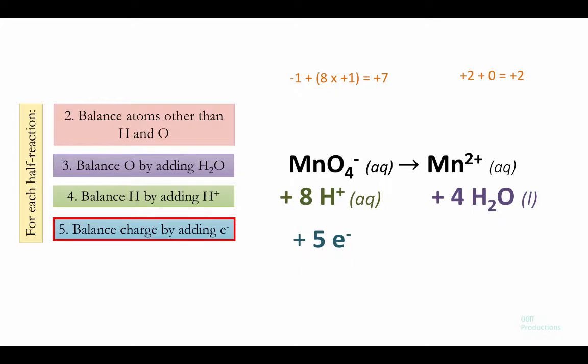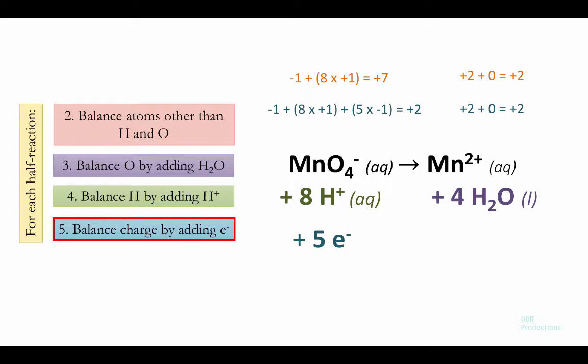And if you check the math once again, you see that now we have a -1 charge from the permanganate, 8 +1 charges from the hydrogen, 5 -1 charges from the electrons, and that gives us a total of +2. Of course, the right side does not change. That's also still +2. And now our charge is balanced.